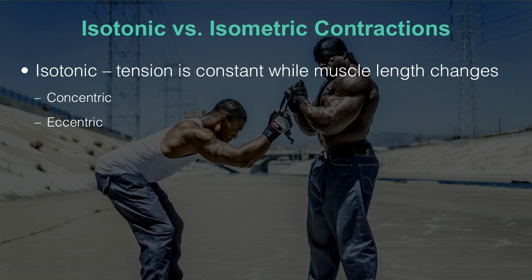If the muscle shortens, we call that concentric isotonic contraction. If the muscle lengthens, we call that eccentric isotonic contraction. We just spent time last class talking about why this word is not appropriate. Tension's not the same.